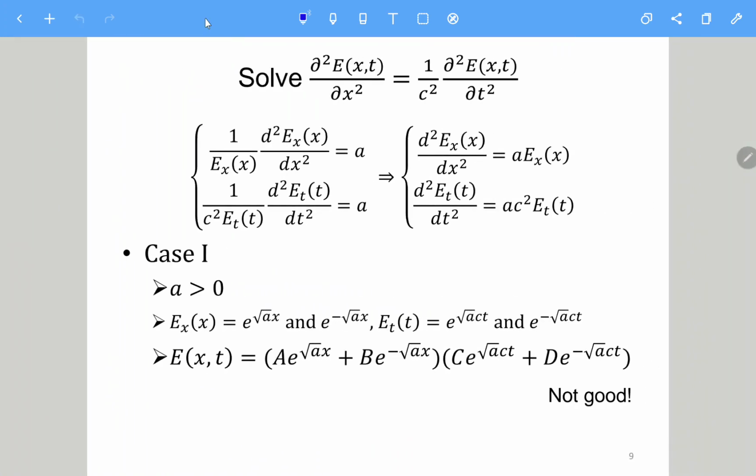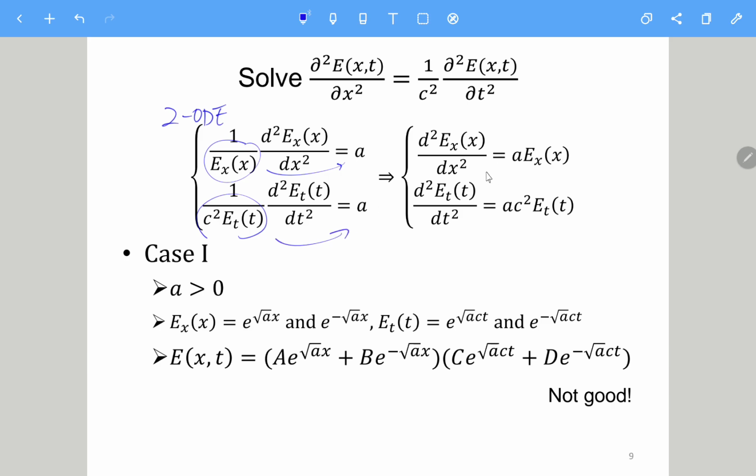We have already separated this PDE into two ODEs. These are ordinary differential equations, and especially when they have constant coefficients, we may be able to solve them. So the left side equals a, and the middle part also equals a. Then we can move this term to the right side, and move this term to the right side.